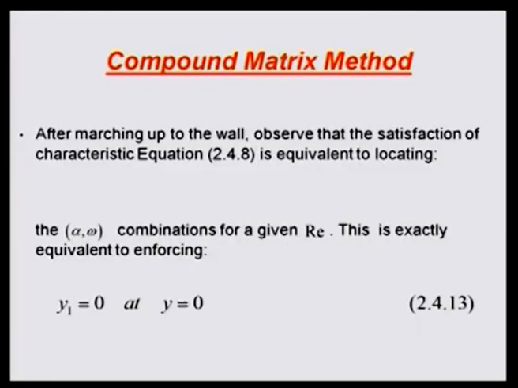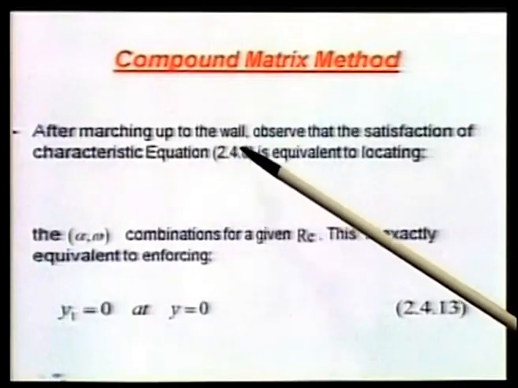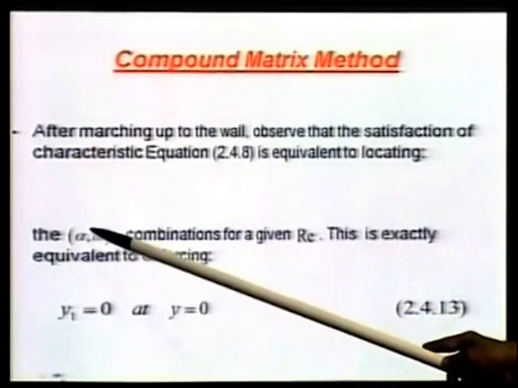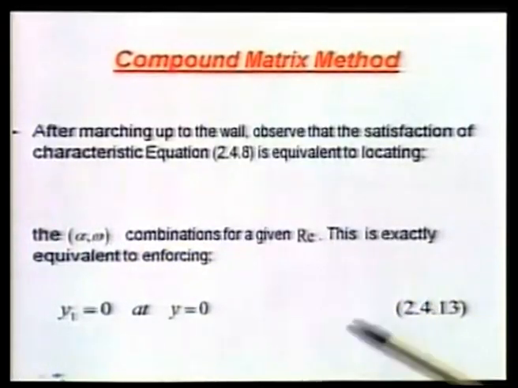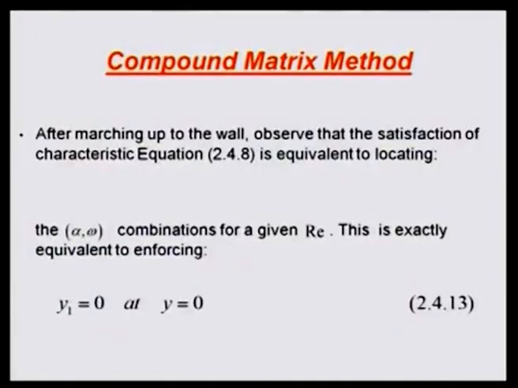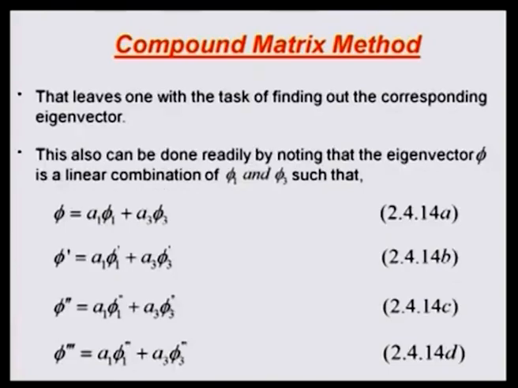So, satisfaction of the dispersion relation is equivalent to locating alpha omega combination for a given Reynolds number. This is equivalent to satisfying that y 1 should be equal to 0 at the wall. So, that settles all your problem, I suppose, and that is the way.